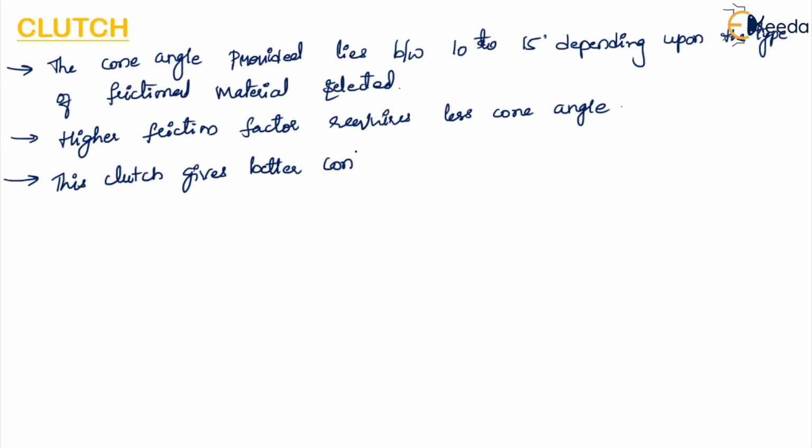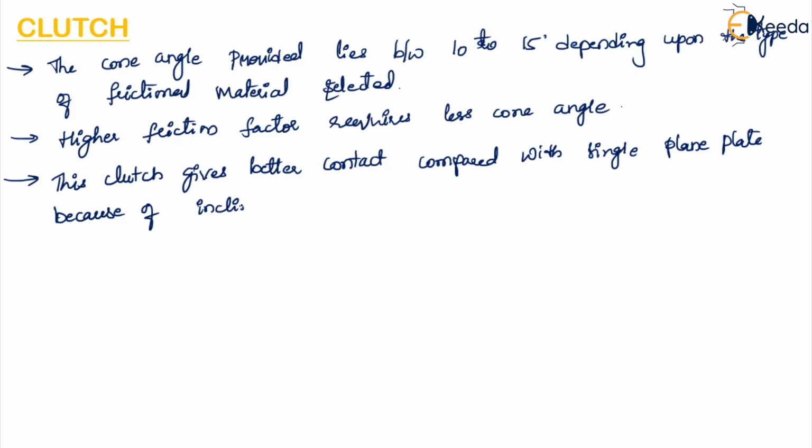So this clutch, that is the conical clutch or cone clutch, is simple in construction and easy to disengage.